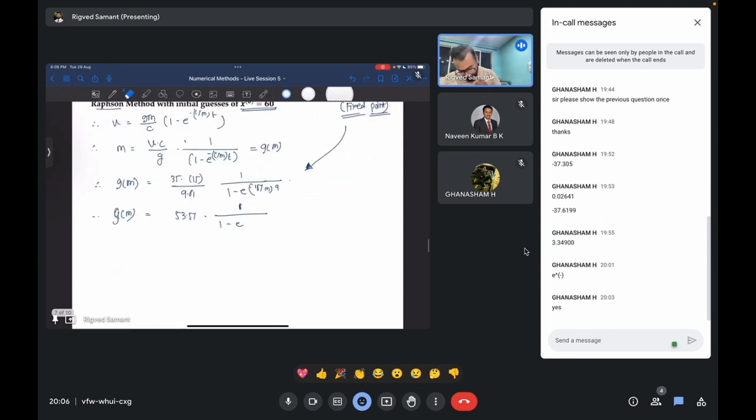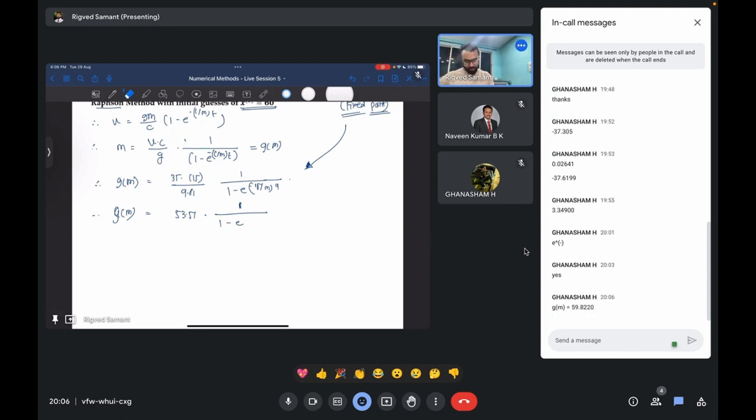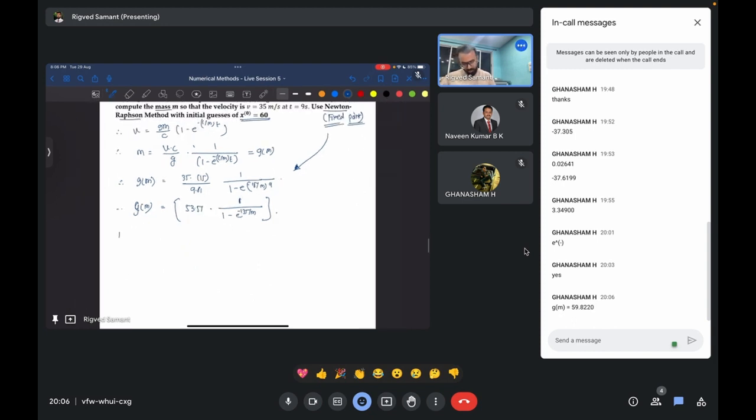Okay, so this is g of m, 53.81, 15 minus 15 into 9, minus 135 divided by m. So this is your g of m, right? For the first iteration you just need these two values.